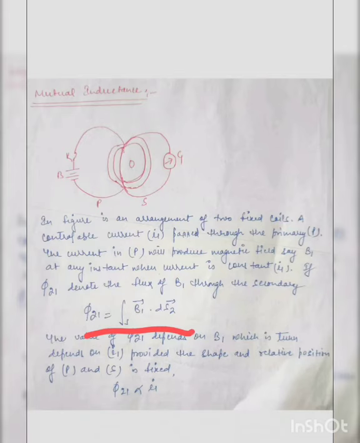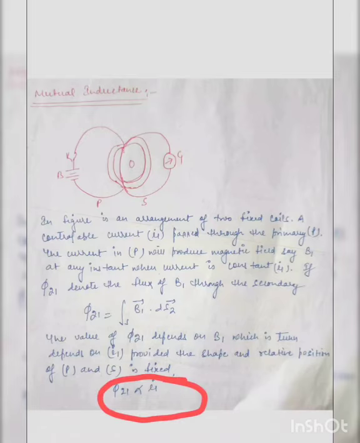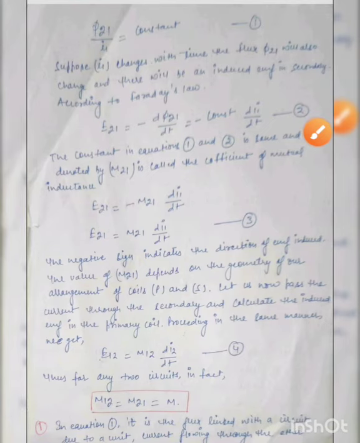The value of phi 1 depends upon B1, which in turn depends on I1, provided the shape and relative position of primary and secondary coil is fixed. Then phi 1 is always proportional to current I1. Phi 1 upon I1 is equal to a constant.